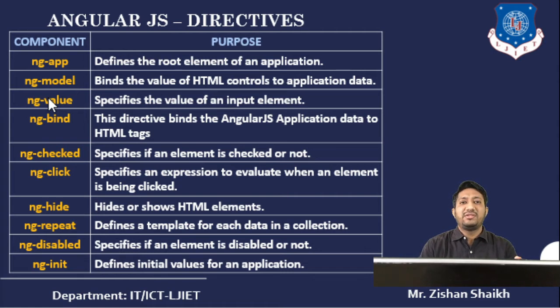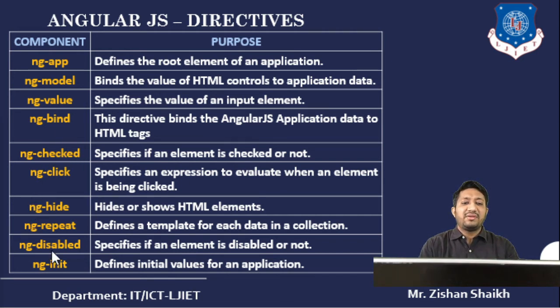Suppose you are binding an input text and want to give it some value, then you can use ng-value. Next is ng-bind. This directive binds the AngularJS application data to an HTML tag. That is the glue, the binding of your tag to data.